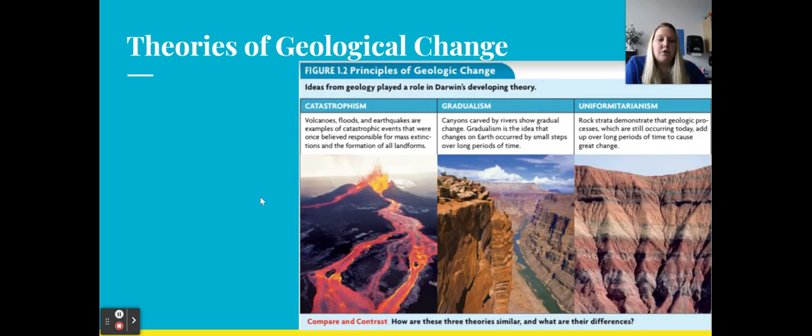So here we see catastrophism, a big catastrophic event like a volcanic eruption, earthquakes, floods, things like that. They change the environment and can cause mass extinction in the area. Gradualism, we actually have an example of gradualism in the state of New Hampshire.